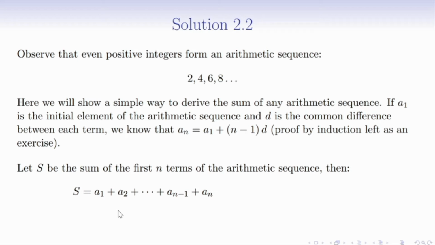But that formula only determines the nth term. What we're trying to find is the sum of the whole arithmetic sequence, so we look at the simplification of the formula, which ends us with this formula.